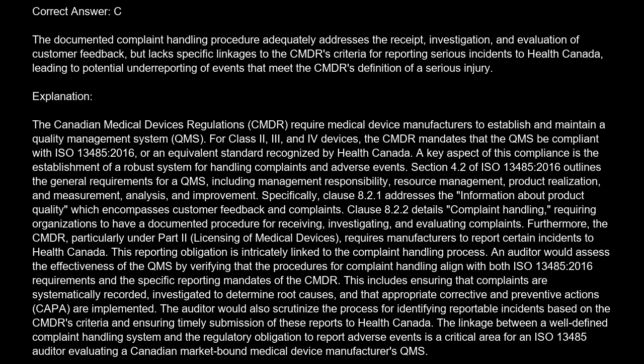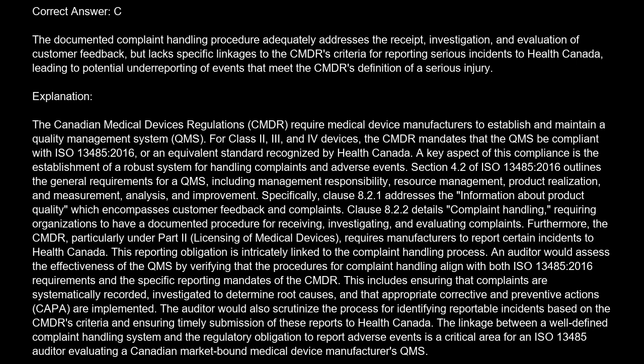Explanation: the Canadian Medical Devices Regulations, CMDR, require medical device manufacturers to establish and maintain a quality management system, QMS. For Class II, III, and IV devices, the CMDR mandates that the QMS be compliant with ISO 13485-2016, or an equivalent standard recognized by Health Canada.